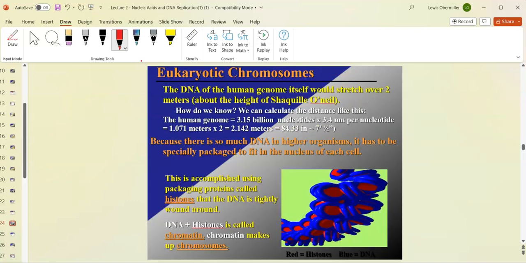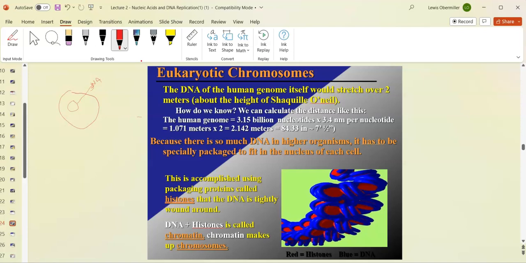Eukaryotic chromosomes. So eukaryotic chromosomes are big, right? Like they're a little over 7 feet if you were to stretch it all out. And that poses a big problem because you have to get 7 feet of DNA inside the nucleus of a cell that you can't even see with your naked eye.